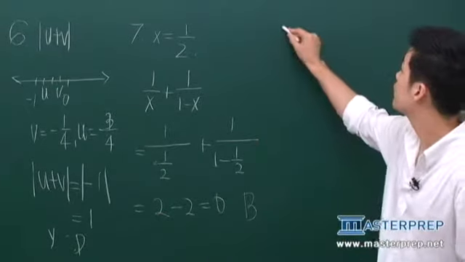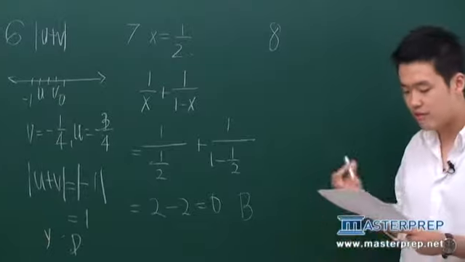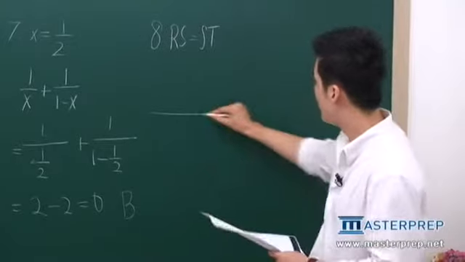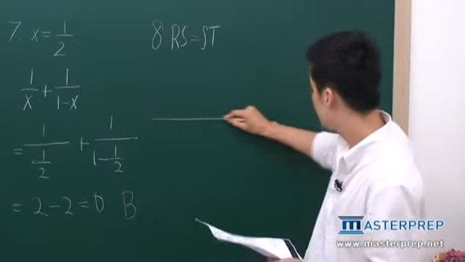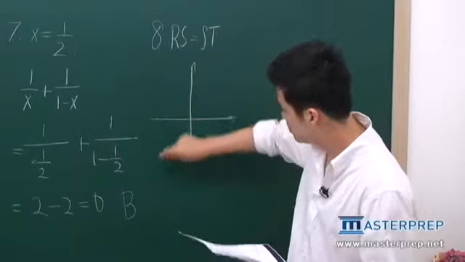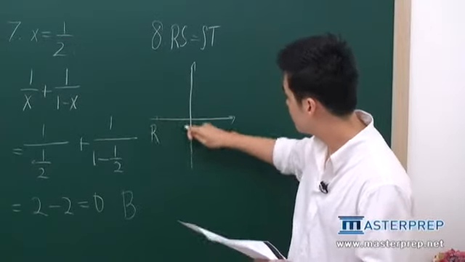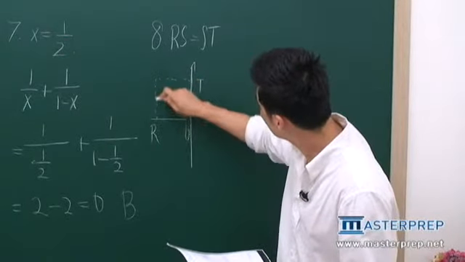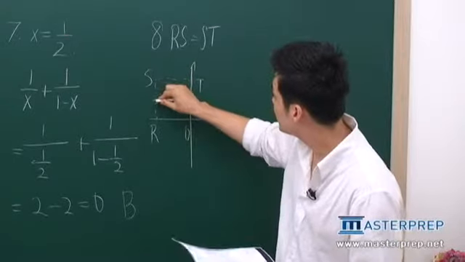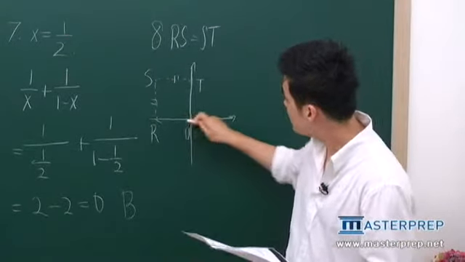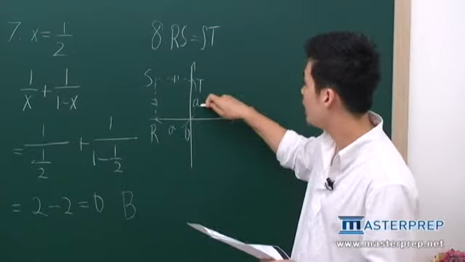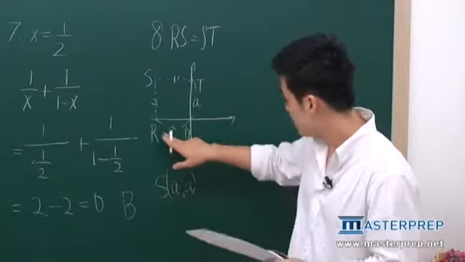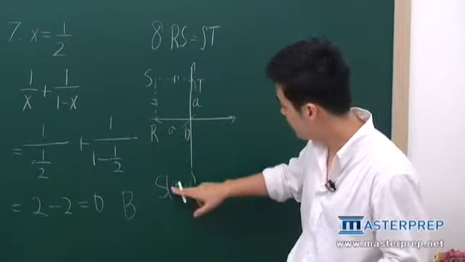And let's look at number 8. In the figure above, RS and ST are equal. We have a Cartesian coordinate plane, and this is R, this is O, the origin, and this is T. We have equal lengths, which means if this is A, the height is also A. So S is equal to A and A, except in this position we have to put negative signs in front.